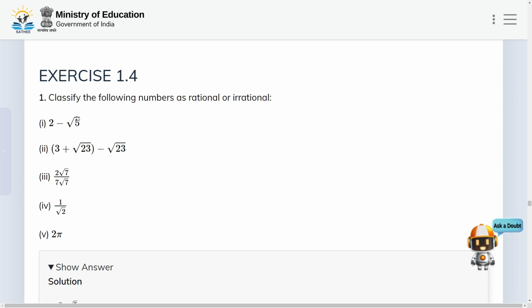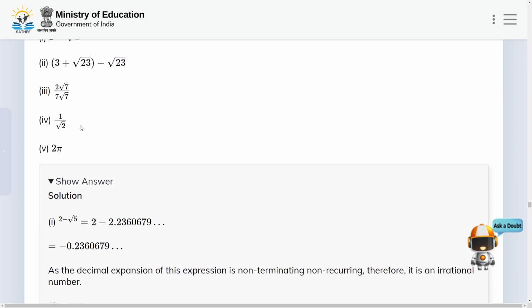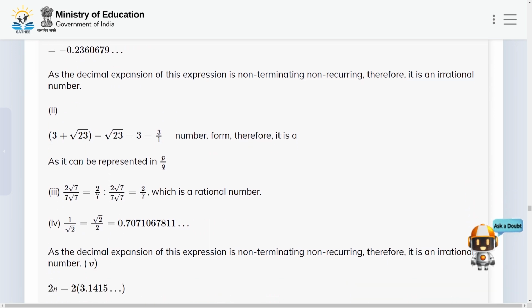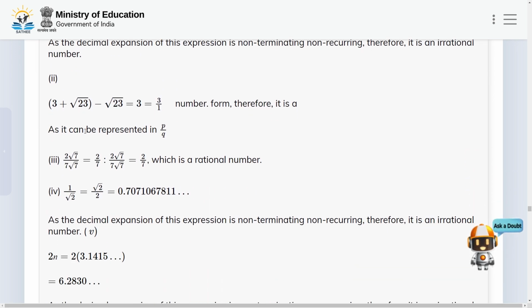Now let us check the second one. In the second one, we have 3 plus square root of 23 minus square root of 23. First let us simplify this number. Here 3 plus square root of 23 minus square root of 23 is equal to 3. You can write it as 3 by 1.